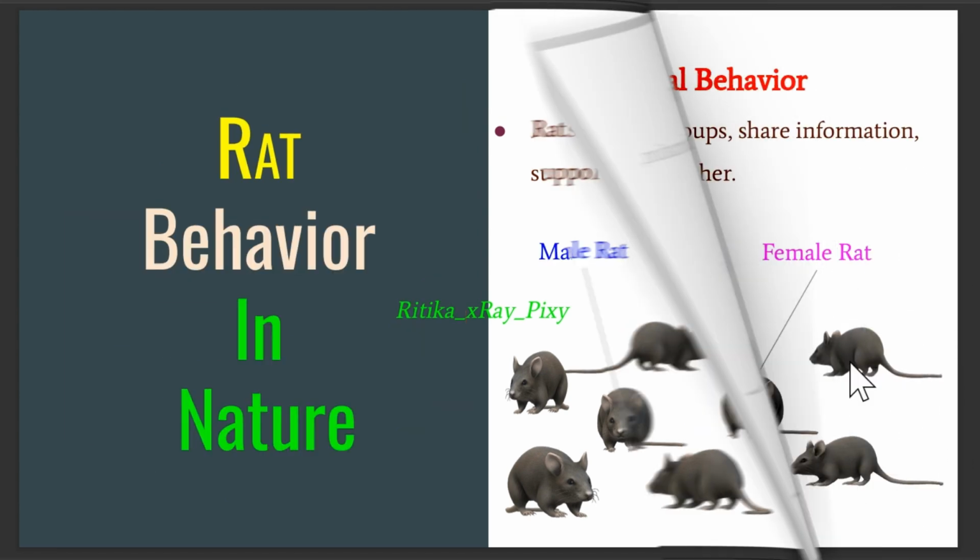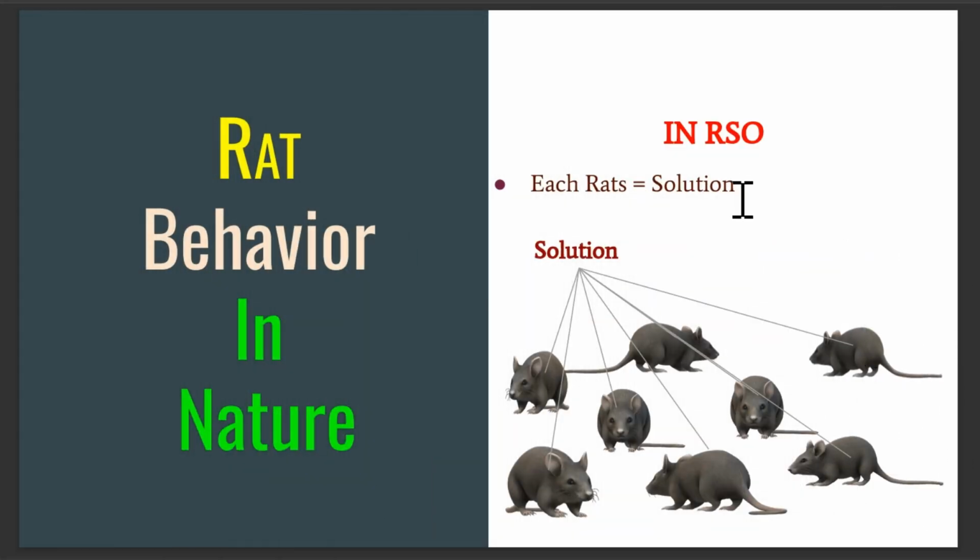In this algorithm, we will consider each individual rat as a problem solution. As they live in groups, share information and support one another, in this algorithm the social aspects of rats' behavior influence how the solutions communicate and influence one another during the optimization process. So each individual rat here represents a solution.